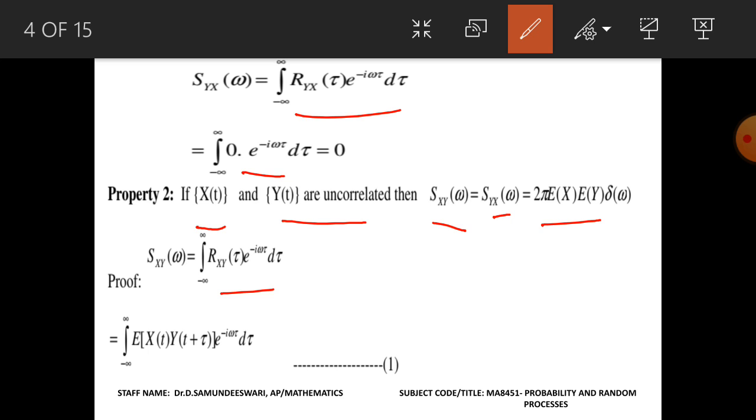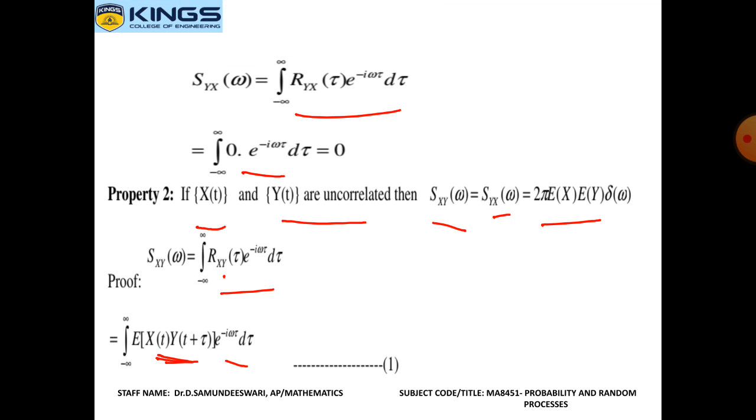So what is Rxy(tau)? It is the cross correlation value. We know the formula for that cross correlation: E[x(t) y(t+tau)] e^(-i omega tau) d tau. This is the formula for the cross correlation Rxy(tau), the expectation of x(t) into y(t+tau).